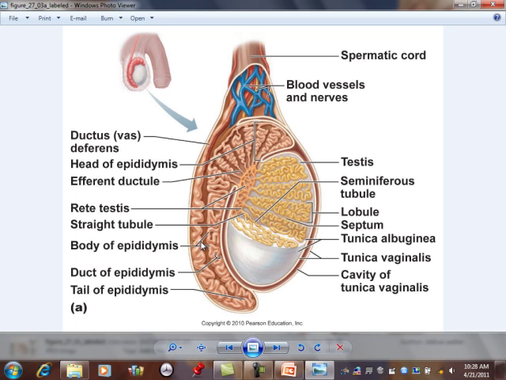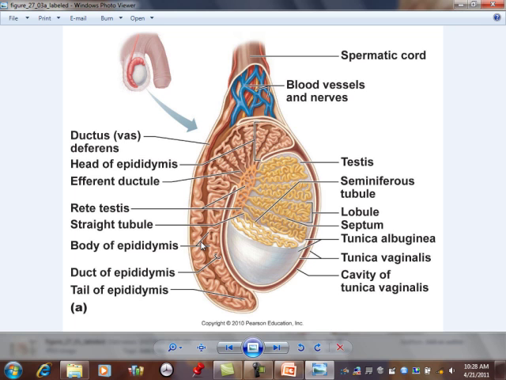Why do I need to do that as a sperm cell? What's mitochondria for? ATP. Yes? So I need a lot of energy to travel where I need to travel. So I have to develop a lot of mitochondria and different structures that we'll see later in the sperm cell itself.